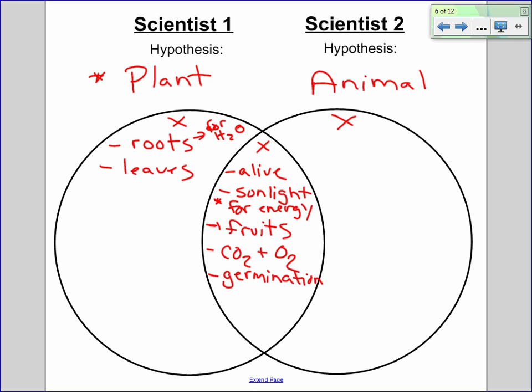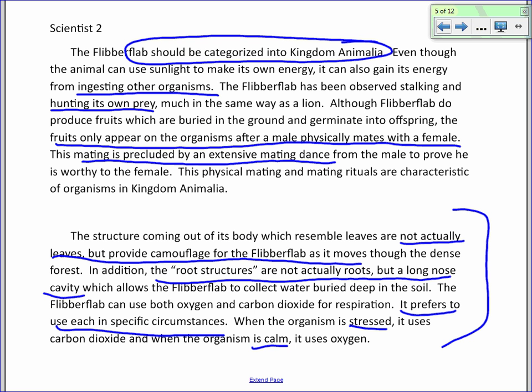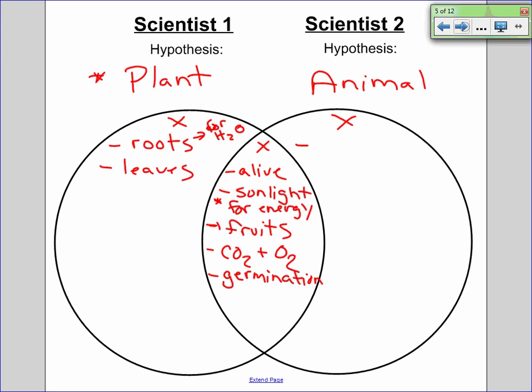Scientist 2 says that it has leaves in order to live in the dense forest. Oh yeah. All right, so good. We can put that in the scientist 2 column. Scientist 2 says that it lives in the forest.